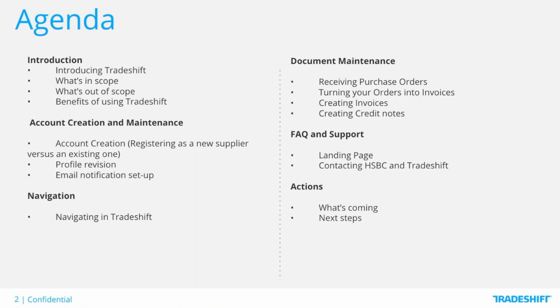We'll take you through the process of navigating on the Tradeshift platform, and then we will look at document maintenance, so how you receive purchase orders and review those purchase orders on the Tradeshift platform, the simple process of turning those purchase orders into invoices, how, if you don't receive purchase orders, you can create invoices from scratch on the Tradeshift platform, and then also how you can turn an invoice into a credit note for sending to HSBC.